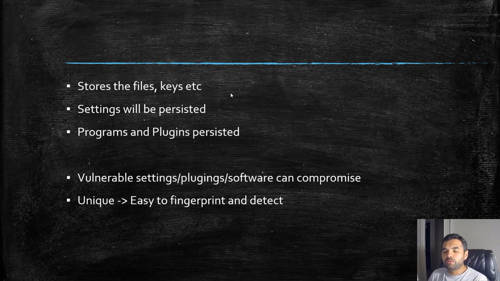But if you download any software or plugins which are malicious and you don't know what you're installing, maybe that can compromise your overall privacy or the operating system. That defeats the purpose of using Tails. So you want to be cautious and make sure what plugins and software you're downloading.